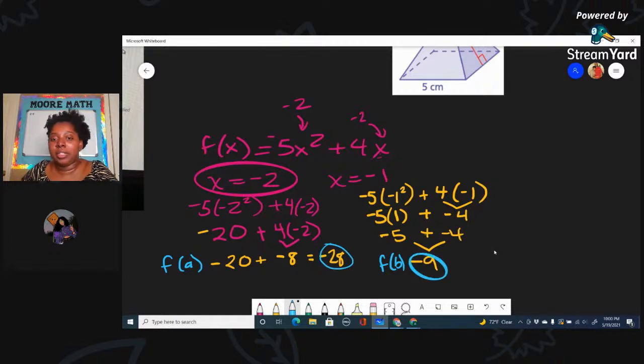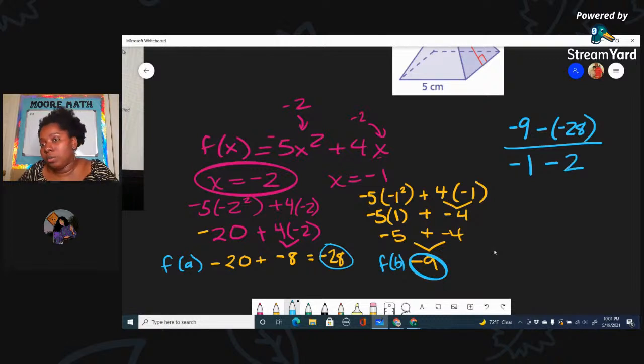So now let's subtract the 2. So negative 9 minus negative 28, and negative 1 minus 2. So this is really negative 9 plus 28.